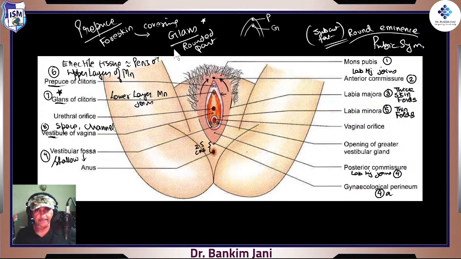Now things are easy. This one would be the urethral orifice, which is anterior, and there is the vaginal orifice, which is just behind it, and finally the anus, which is absolutely posterior.